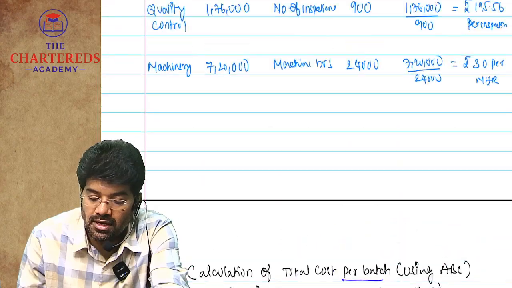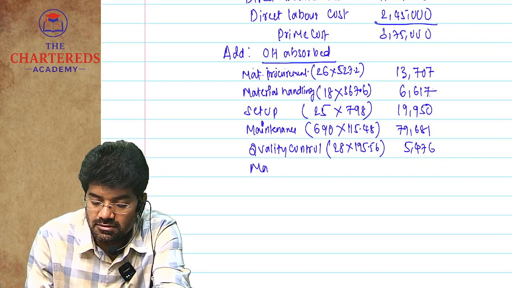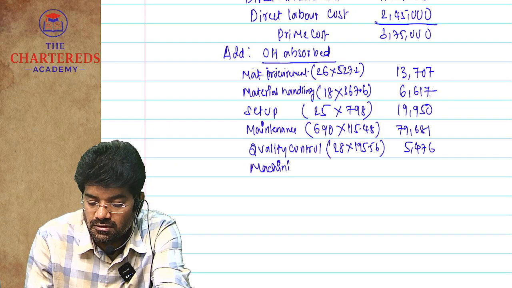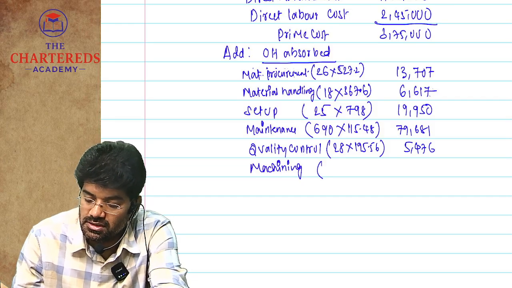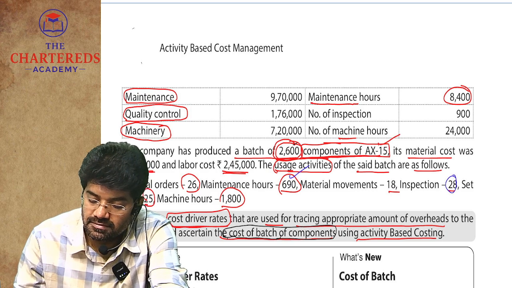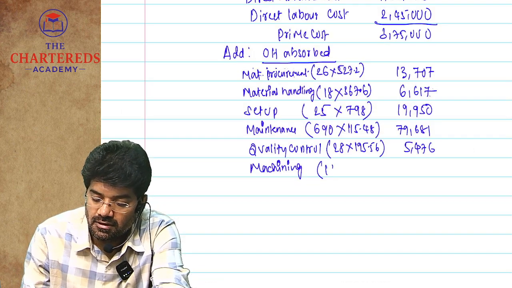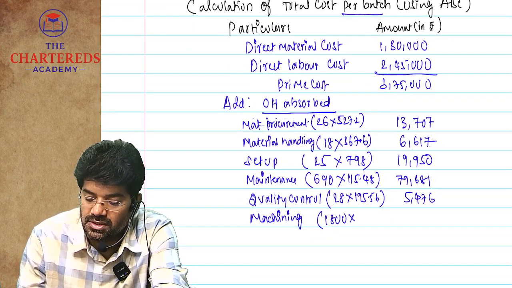And finally, last one, machining cost. This is charged based on machine hours. Machine hours here are 1800. 1800 into 30 rupees.